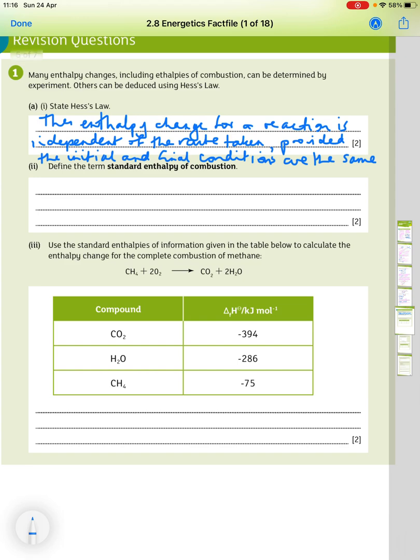So 2 marks for that, 1 for each part there, either side of the comma.